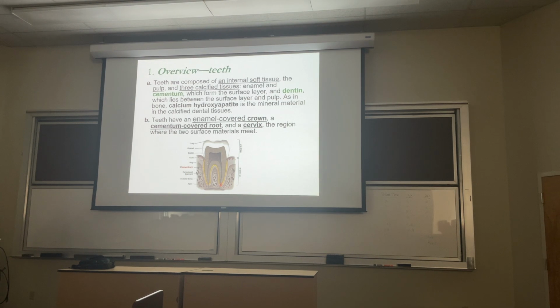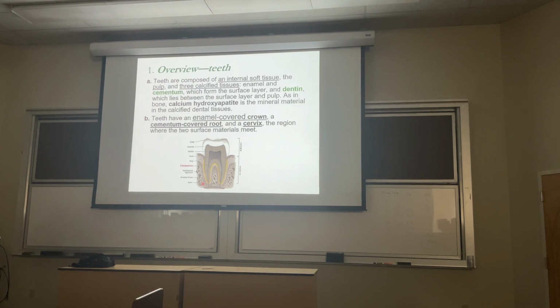Around the roots of the tooth, we have a layer called the cementum that helps attach it, and then we have an alveolar ligament. The alveolar ligament connects the tooth to the bone. We think of ligaments connecting bone to bone, which is true, but ligaments also connect teeth to bone.